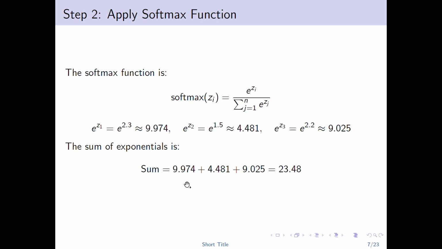The denominator corresponds to the sum of all these e raised to Zj's. So 9.974 plus 4.481 plus 9.025 is 23.48. In order to find the softmax function, we first find the sum of all these, and then that has to be put in the denominator.